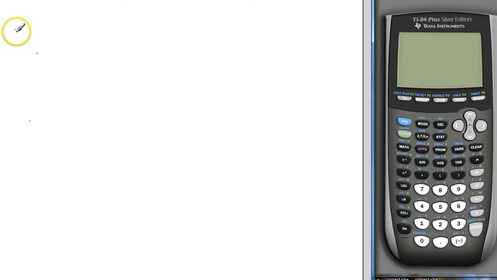So first off, let's do a review of law of cosines. We did law of cosines yesterday, and you use this when you have three sides and one angle.